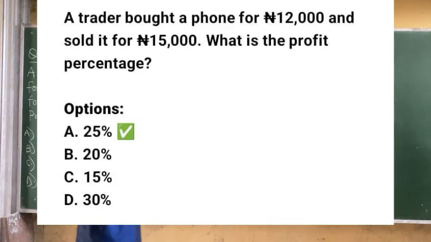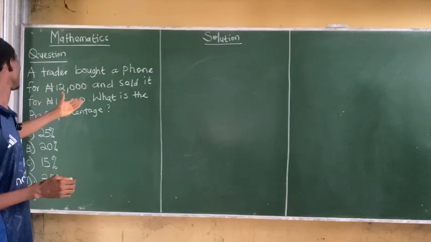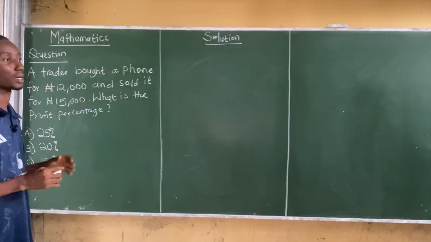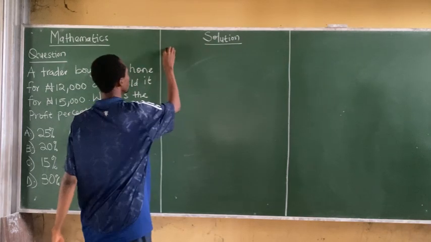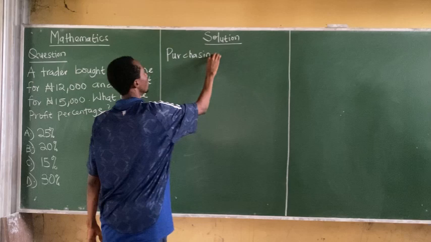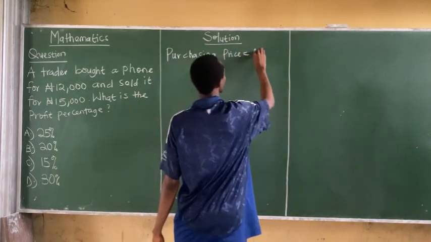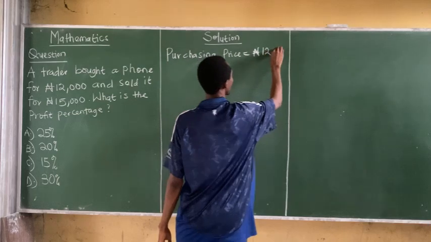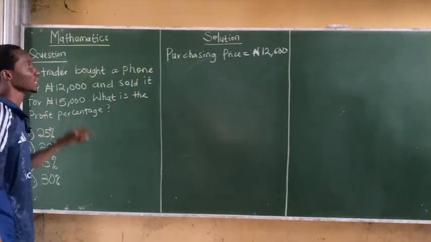Let's solve this together. The question says a trader bought a phone for 12,000 naira. 12,000 naira here is the purchasing price. So we are given the purchasing price to be 12,000 naira, and sold it for 15,000.